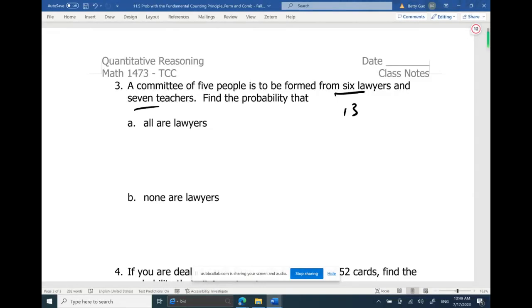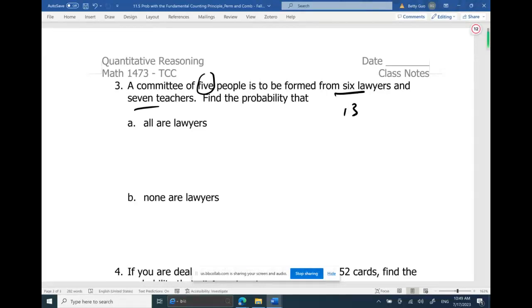You are going to select a subgroup of size 5 for the committee, and the order of the 5 people doesn't matter. It doesn't say who is going to be the president or vice president. So this is a combination problem.